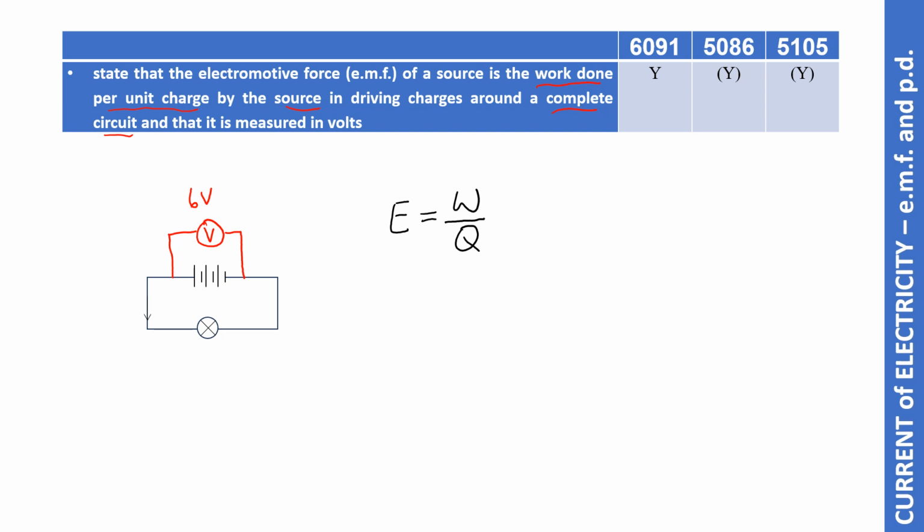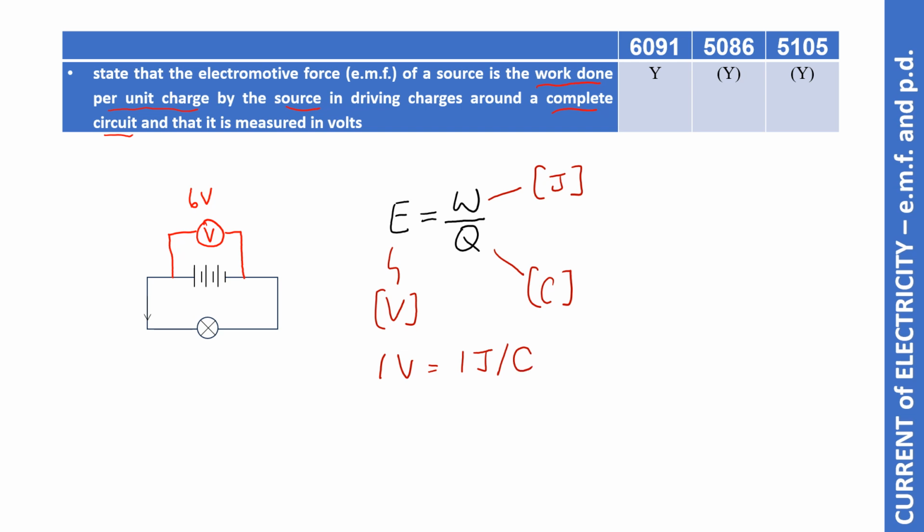The units here would be volts for e.m.f, joules for work done, and coulombs for charge. So 1 volt is equivalent to 1 joule of work per unit charge, or per coulomb.